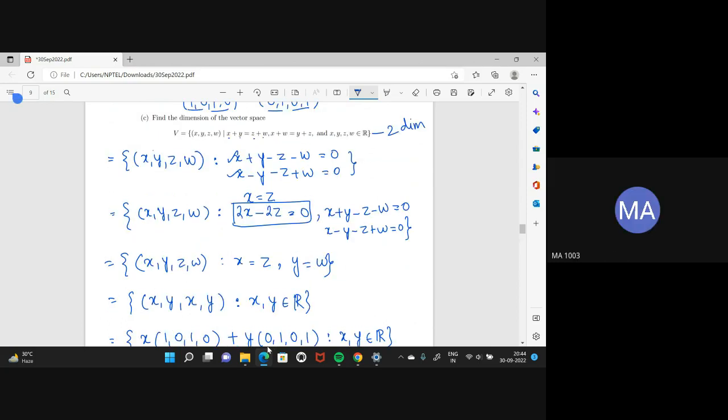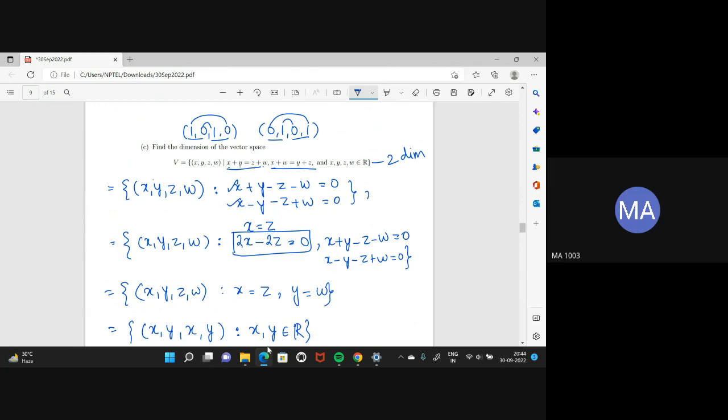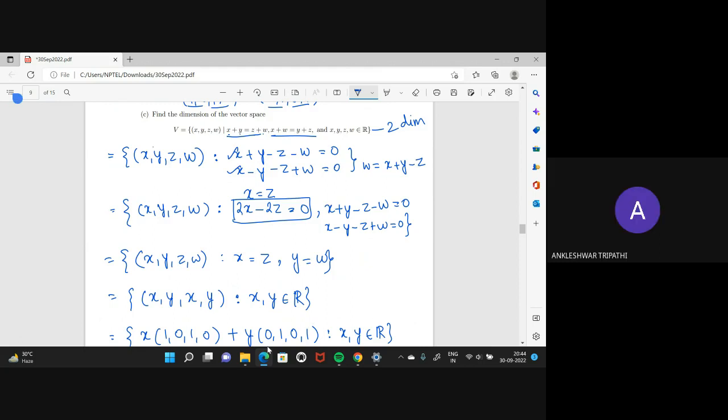Okay. So you have two conditions given here, right? So that becomes these two equations. I somehow want to see how many variables I can get rid of. Can I get rid of w from here? Yes. I can write it as w is equal to x plus y minus z, right?